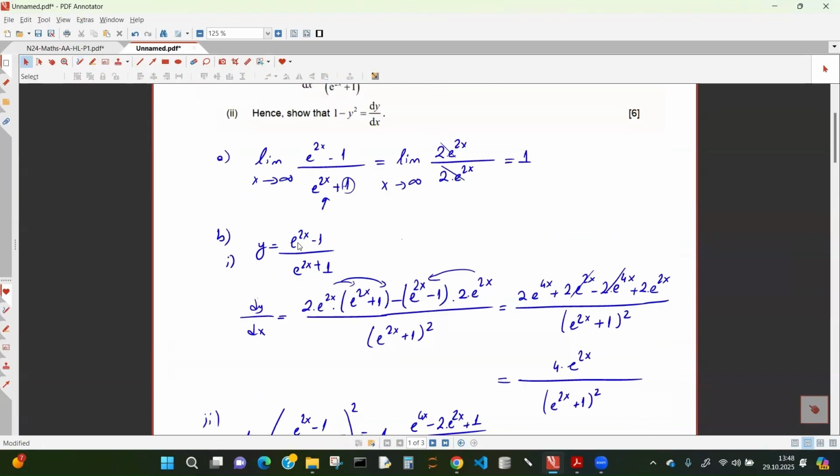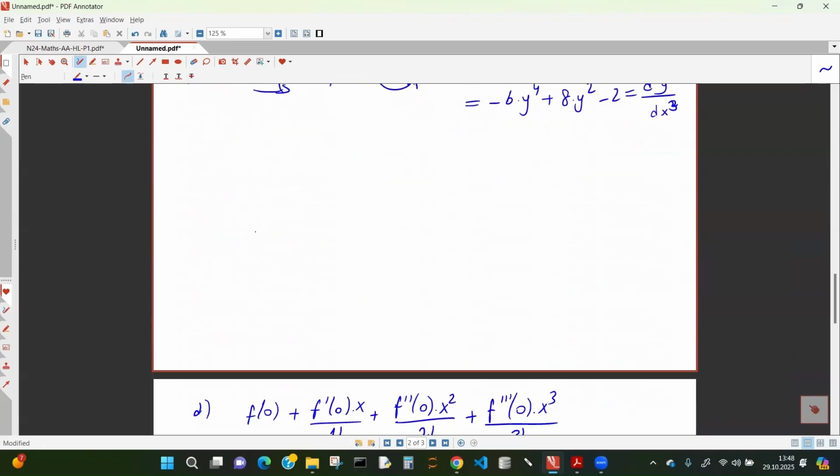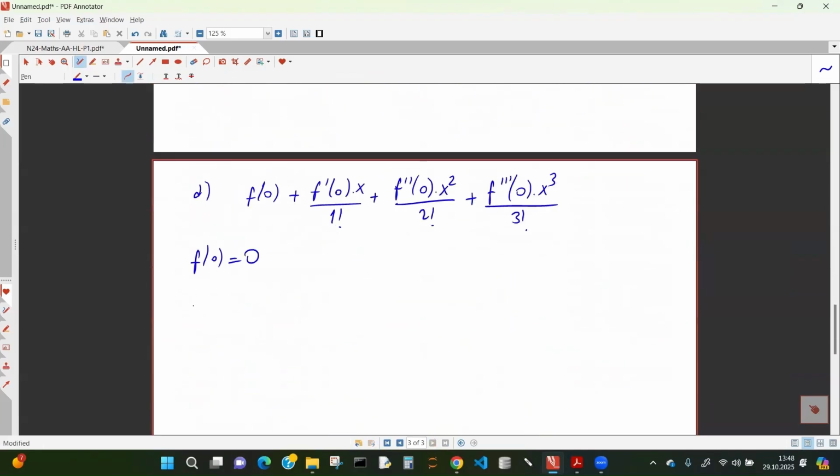F of 0, if you write 0 in here, it's going to be a to the 0, which is 1, so it's going to be 0, right? F of 0 is 0. And what is the first derivative of f at 0?